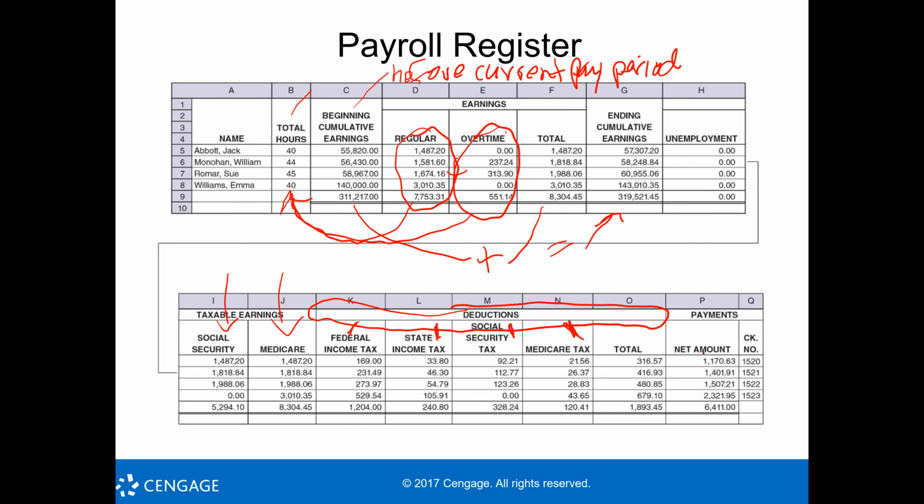So if we take column F, total earnings, minus column O, which is our total deductions, F minus O equals P. That's our net amount, right? Column F minus column O equals column P. Anyway, we'll get practice with it. Not too bad.